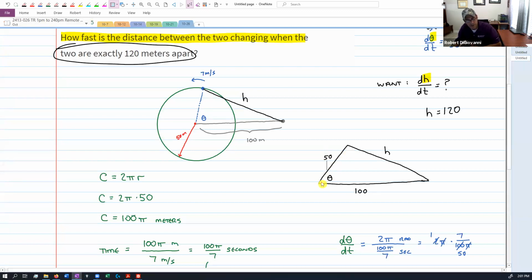I forgot that. Isn't this 50? Because this blue here is the gray, the distance from the observer to the center. And then h is this. 50 is fixed, agreed? As the angle changes, 50 never changes. This doesn't change, h does.